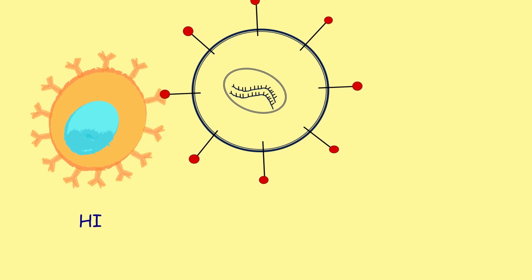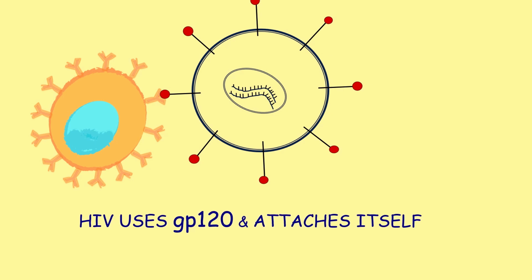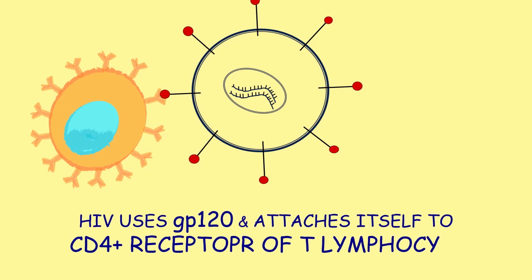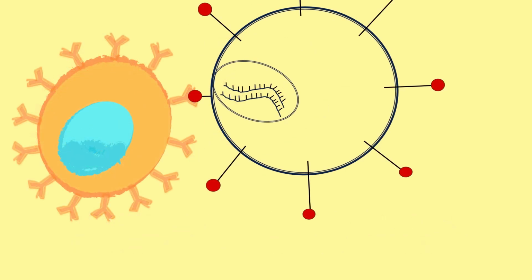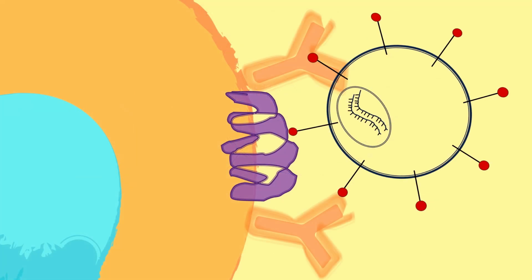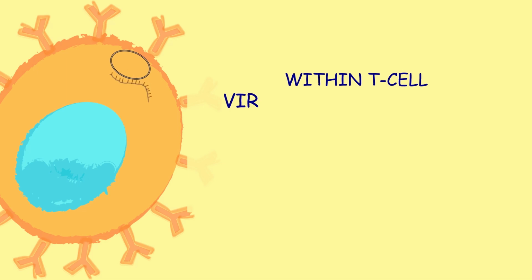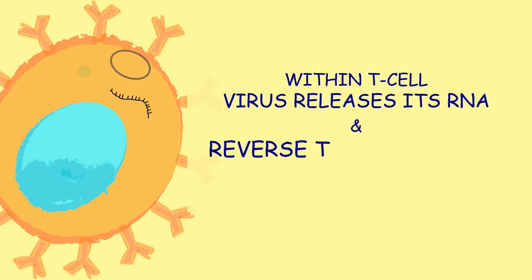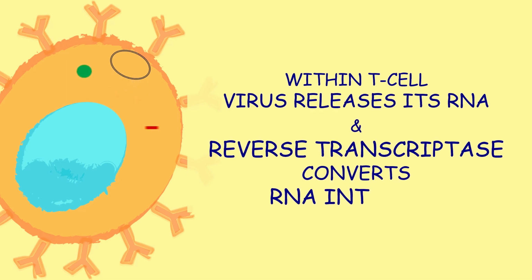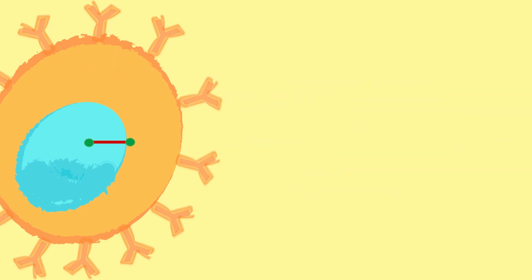The cycle starts with the attachment of the virus to the host cell using GP120. The second step is the attachment with co-receptors CXCR4 or CCR5 for complete entry into the host cell. Within the T cell, the virus releases its RNA, and with the help of the reverse transcriptase enzyme, the RNA is converted into DNA.